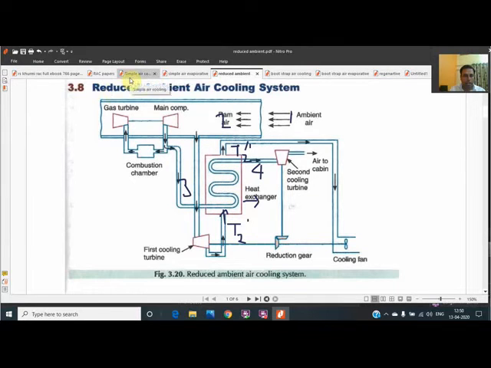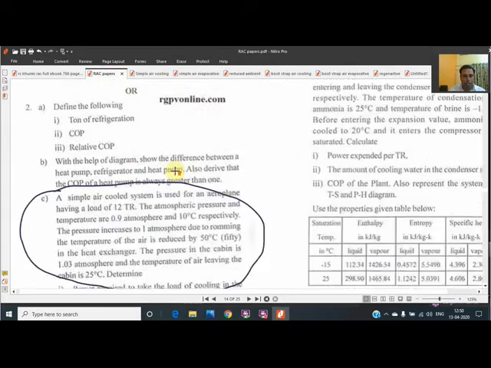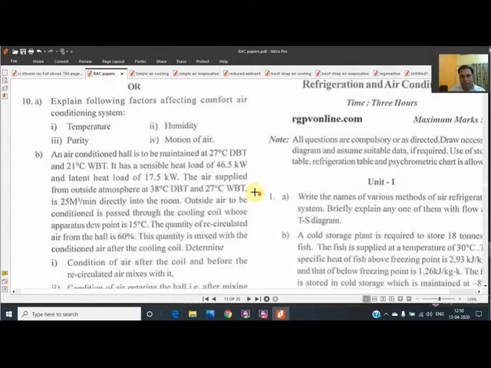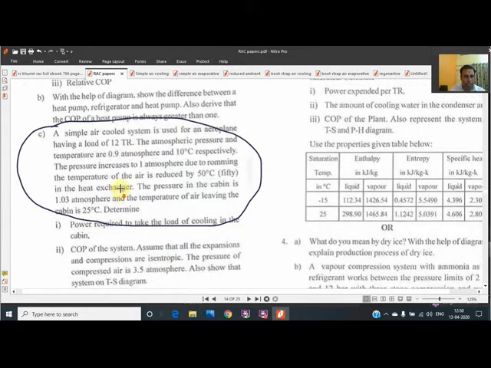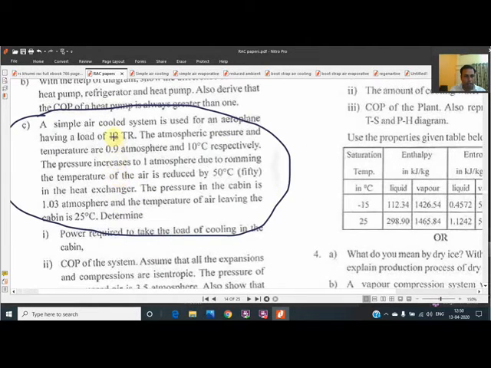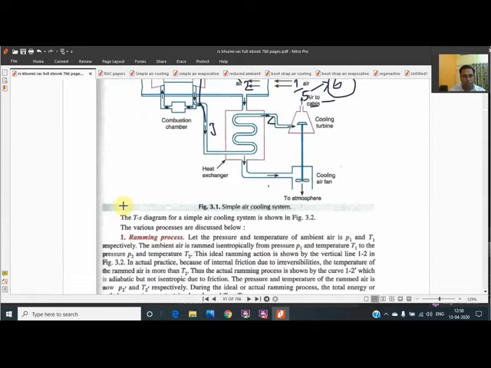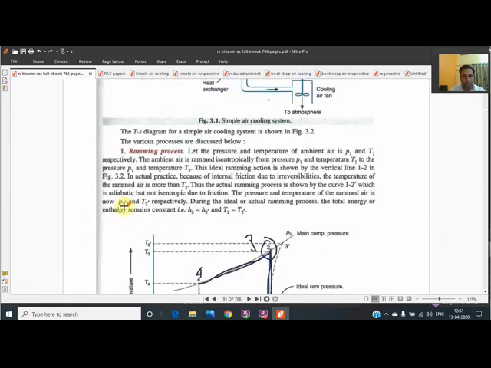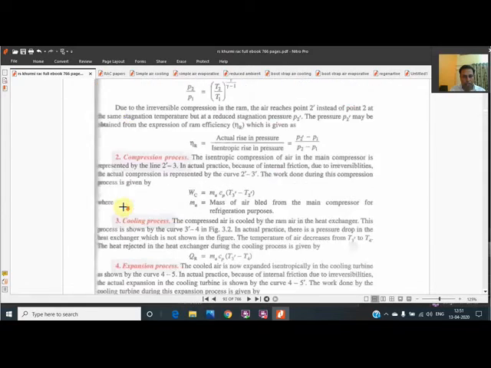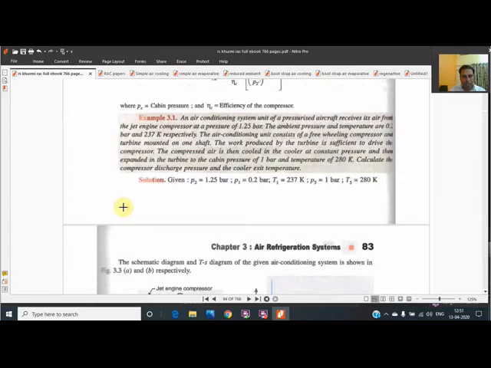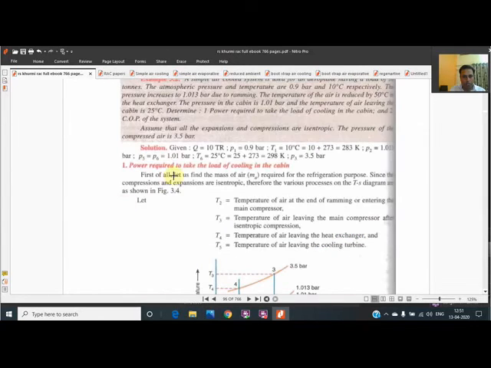We will cover the numericals one by one. I am starting with a simple case numerical, which is the RGPV June 14 numerical. The question is that a simple air cooled system is used for an airplane having a 12-ton load. This question is in your book also, because they have mentioned the simple air cooling system. This is question 3.2.